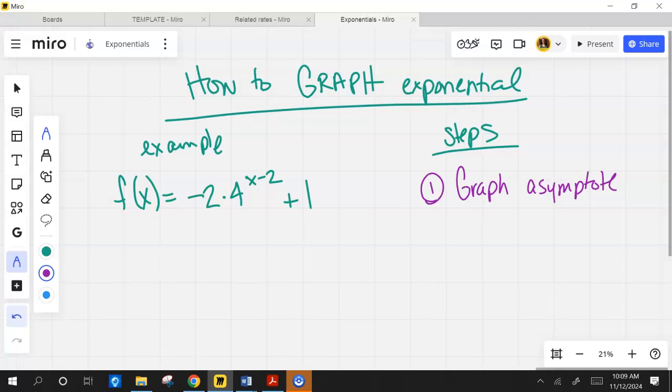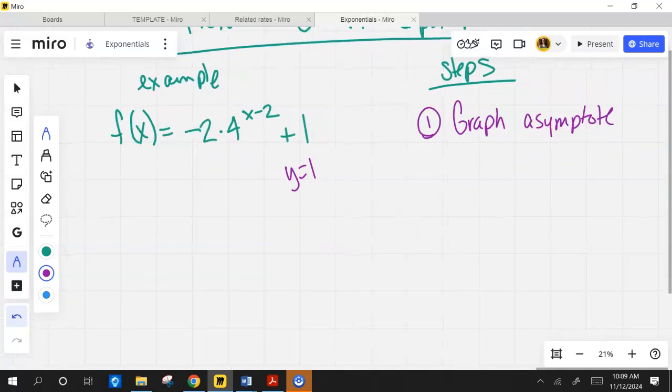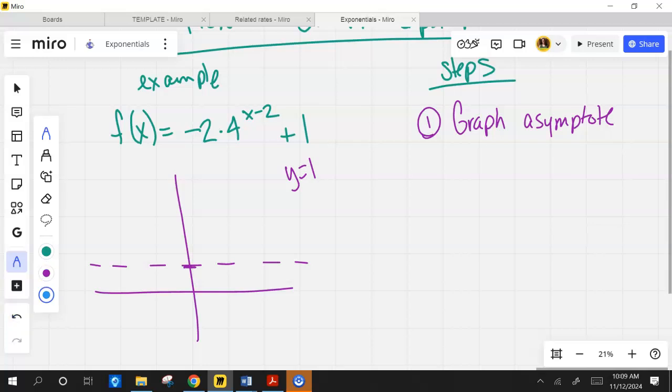What is my asymptote here? 1, right? For this one, it's y equals 1. So on my graph, here's 1. Here's my asymptote. Step 2.